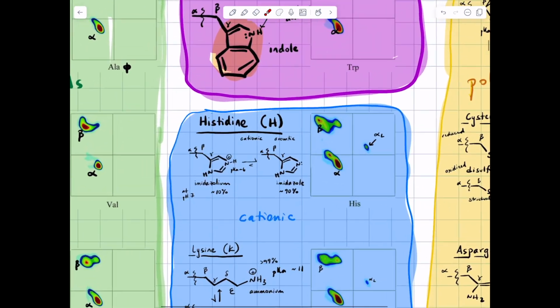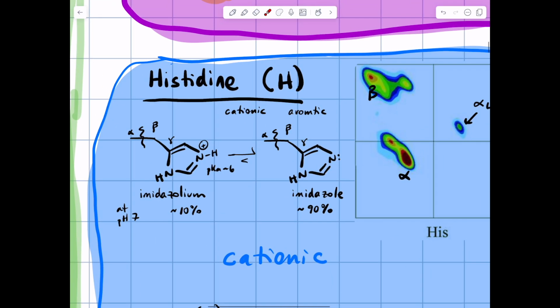Now there's another that meets the criteria for aromaticity, but I included in a different list. Not because it's not aromatic, it is. Histidine is aromatic, but histidine can be positively charged at the right pH. So you've seen the imidazolium group before with a pKa of 6, and it can adopt this neutral conjugate base form, imidazole.